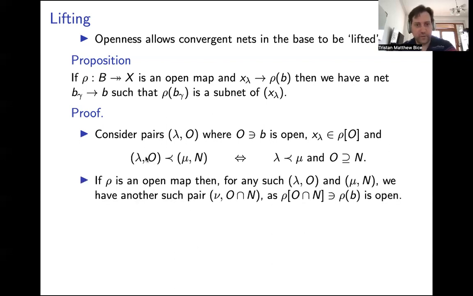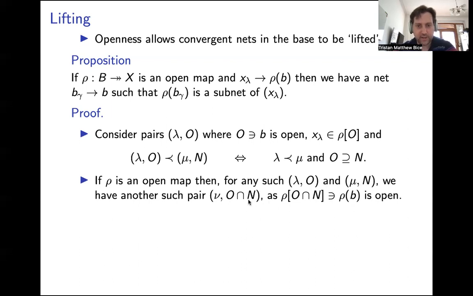And now first we want to show that this really is a valid directed set. So given two elements in my new index set, I want to show I have some greater element in this ordering. And indeed I do, because you'll notice that if these are in the index set, then O is a neighborhood of b, N is a neighborhood of b.